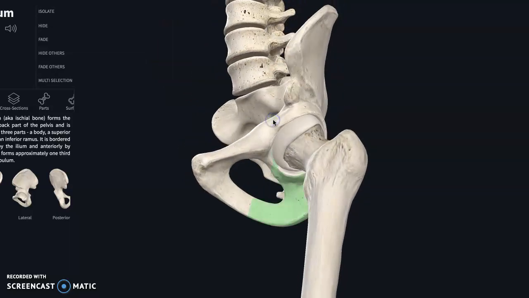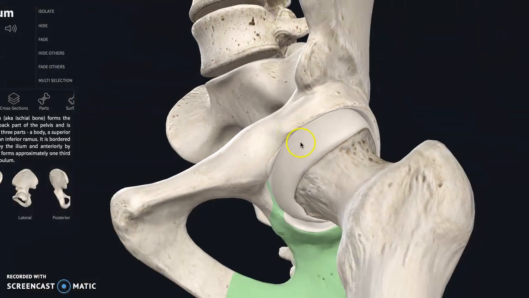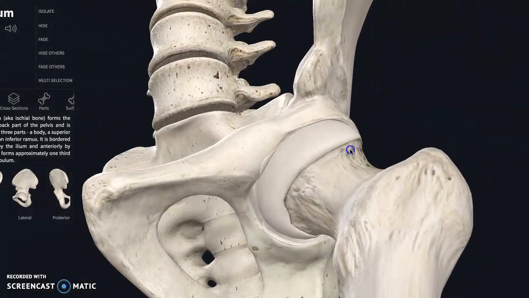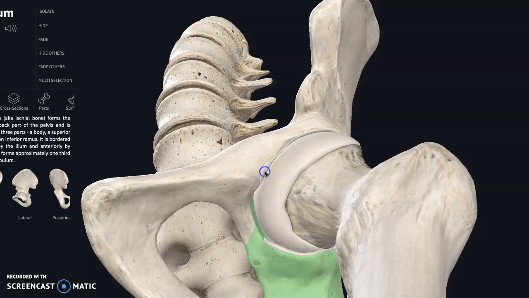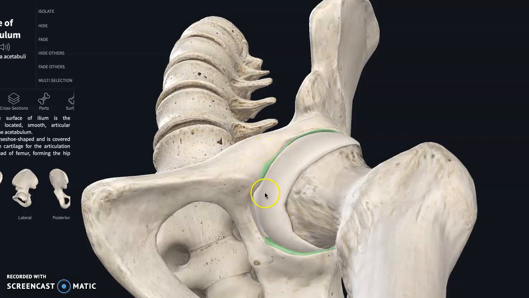But if you look inside the pelvis, we get specific in terms of the anatomy. And this is known as the acetabulum. The socket part of the pelvis is known as the acetabulum. And this is the lunate of the acetabulum, and this is the greater trochanter. So this joint has a name as well, which we're not going to go over. For now, you just call it the pelvofemoral joint.